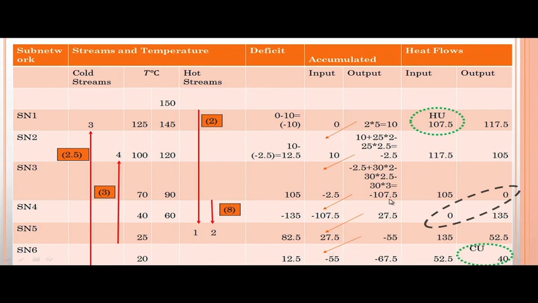How does the input have to be changed? By putting some sort of additional input, we have to make this negative output 0. So, that is what we have done in the next stage. Here, to start with we had 0 input, we will put 107.5 as the input initially, and with that we will redo the calculation.